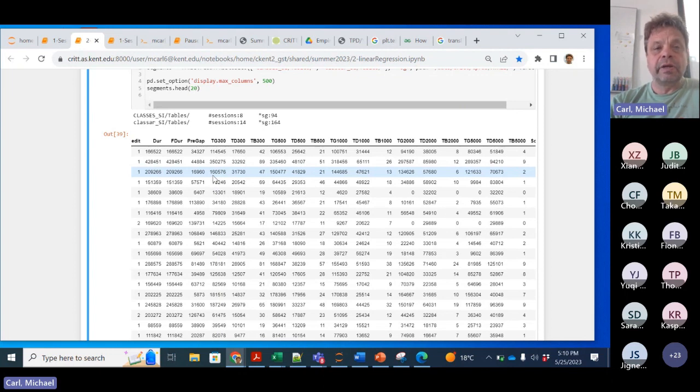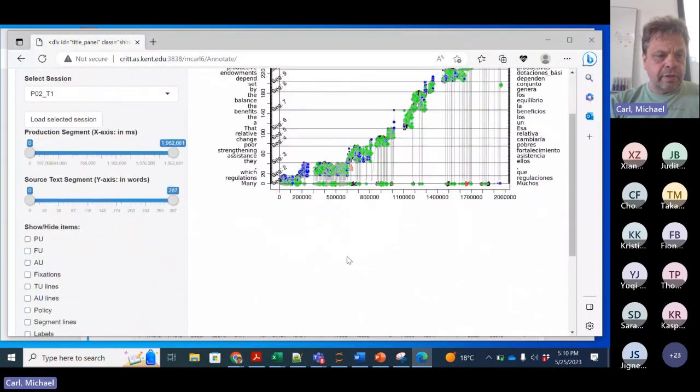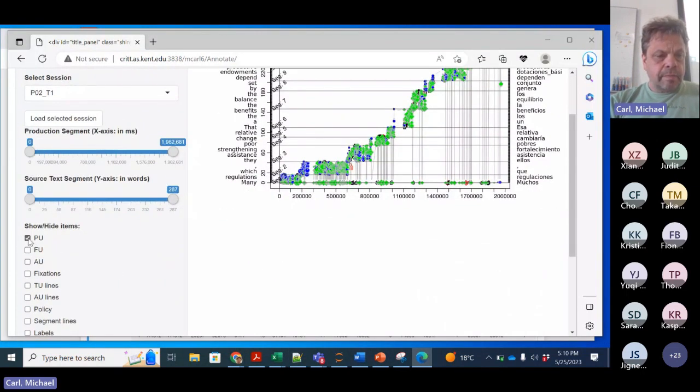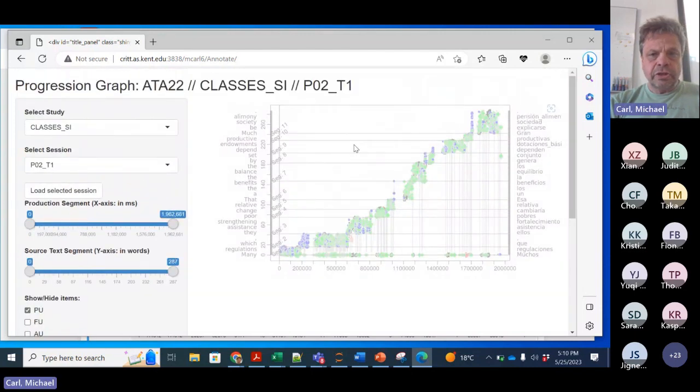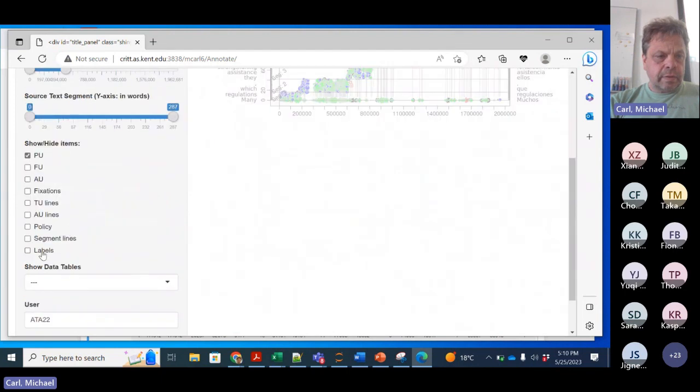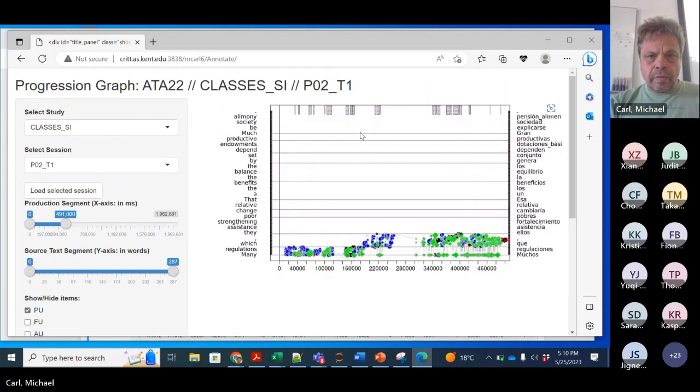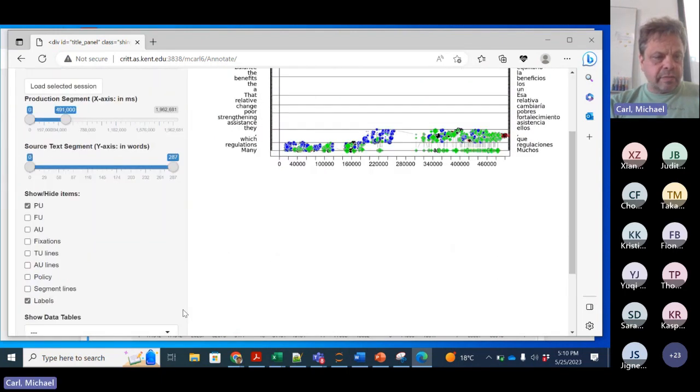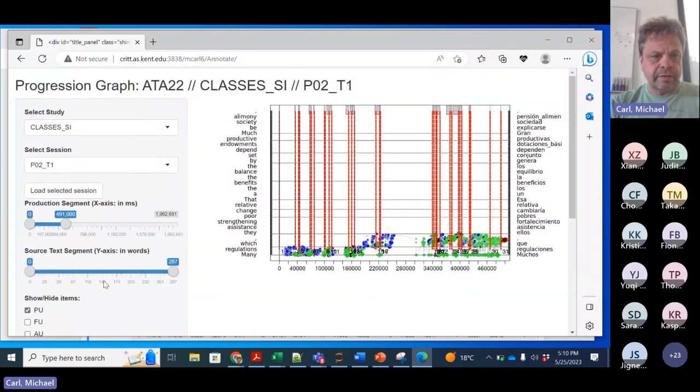If you remember, if I go back to this graph here and we show these PUs, production units, then we can see that these are production units, and then we can put the TU lines too. We already had this a couple of times, I think, right?